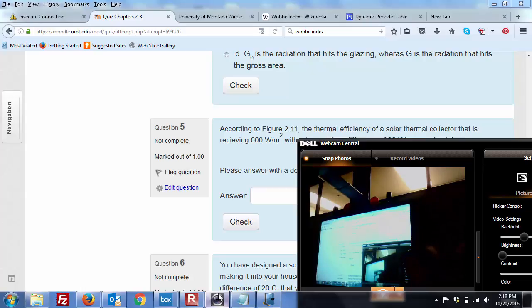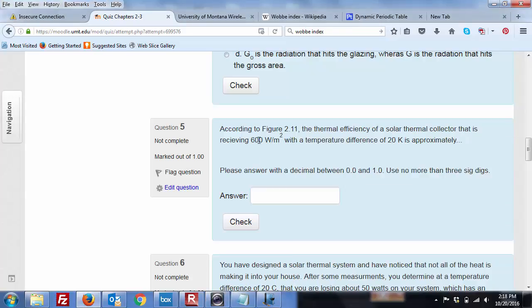As more sunlight comes in, you get greater power. Nothing all that earth-shattering about that. This is just looking at the figure and determining for the 600 watts per square meter and a temperature difference, just dive over and find the efficiency from the graph.